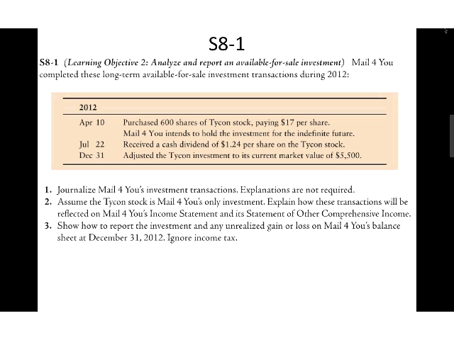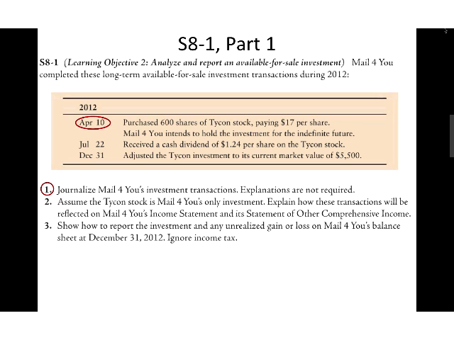Now, when we purchase 600 shares of stock paying $17 a share, to figure out how much we purchased, that is 600 shares times $17 a share. So we're giving up cash, so we're going to credit cash, and we're getting an investment.